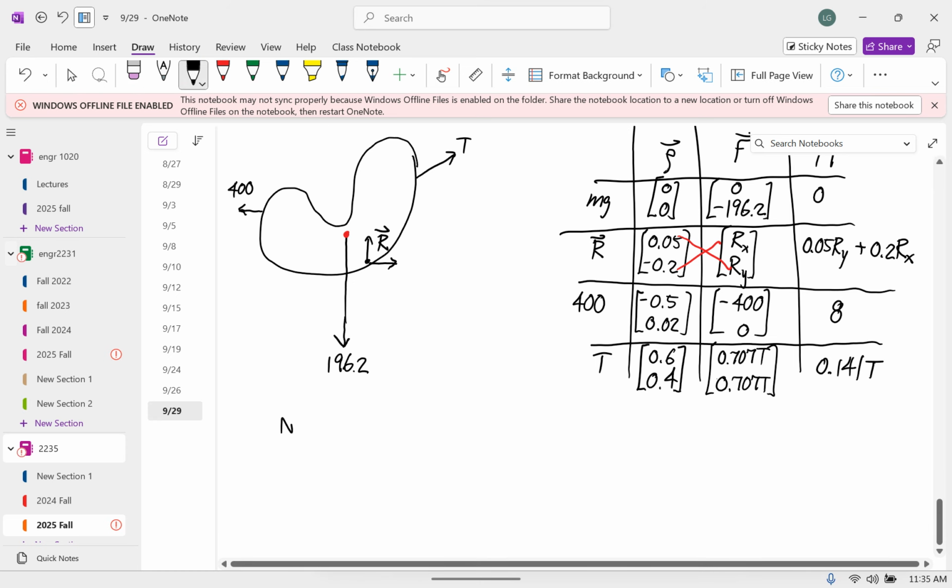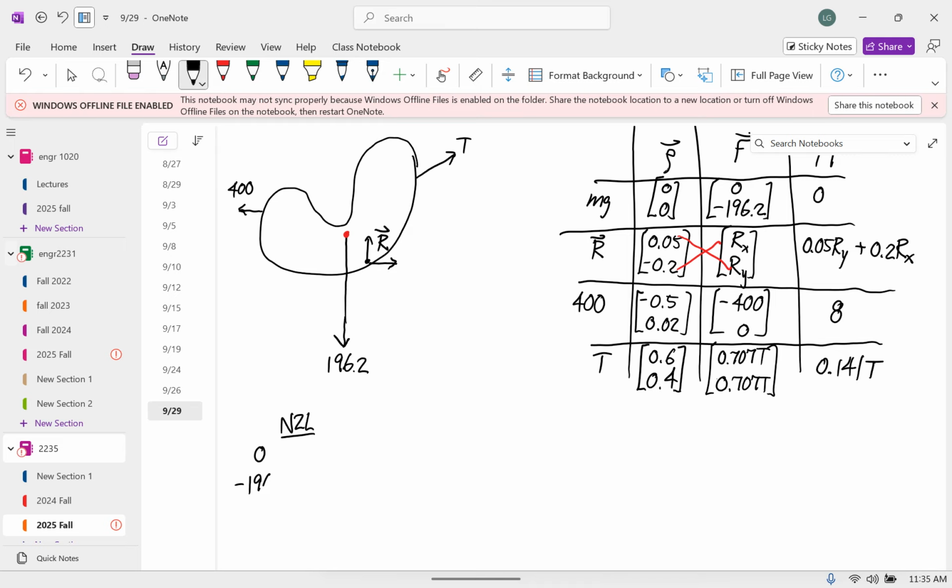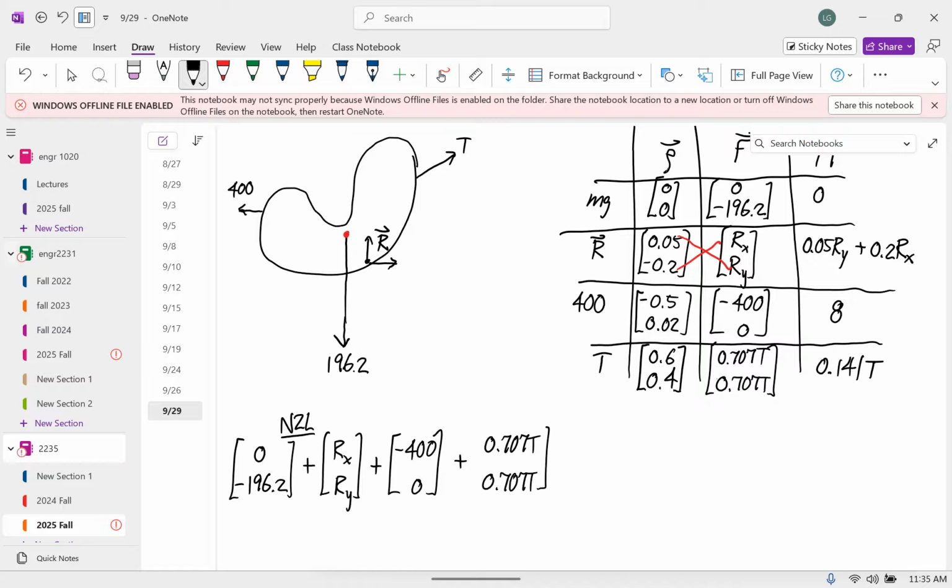And now Newton's second law says 0, negative 196.2 plus Rx, Ry plus negative 400, 0 plus 0.707 T, 0.707 T is equal to zeros.